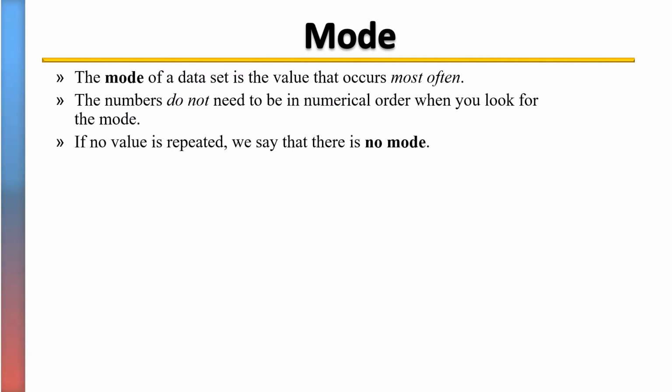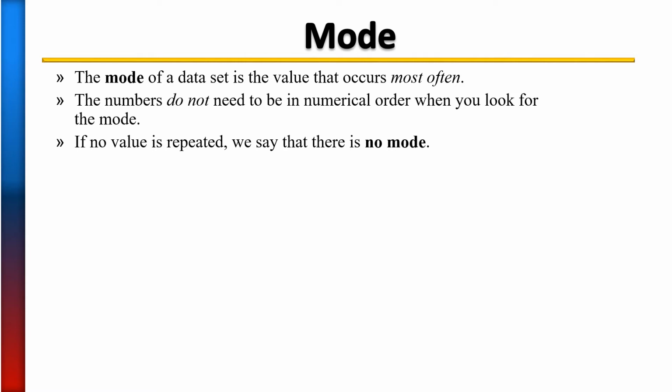The mode of a data set is the value that occurs most often. So in other words, if you look at all of your data, you want to know what number or value data that you see the most or that is repeated. Okay?